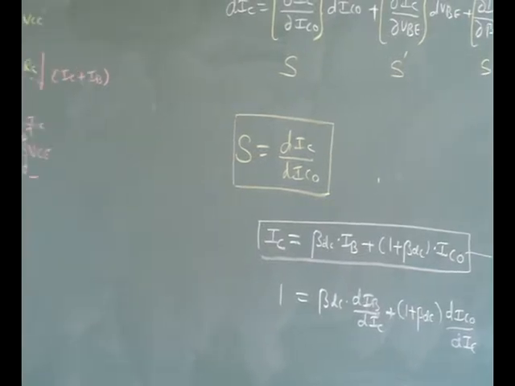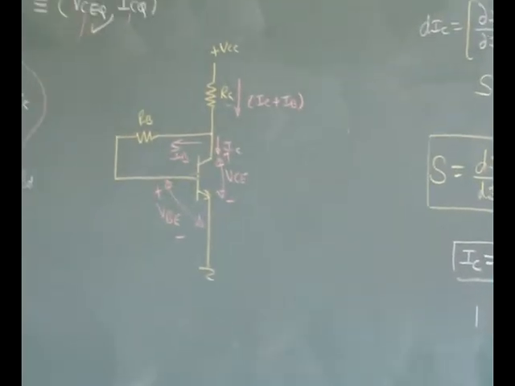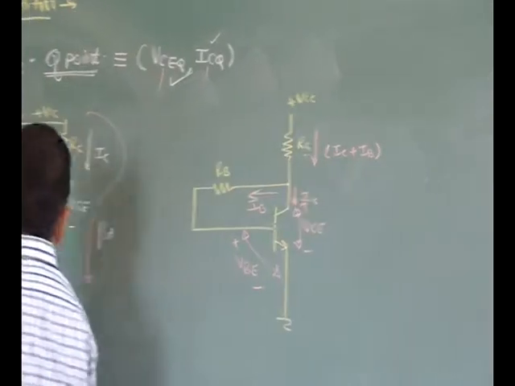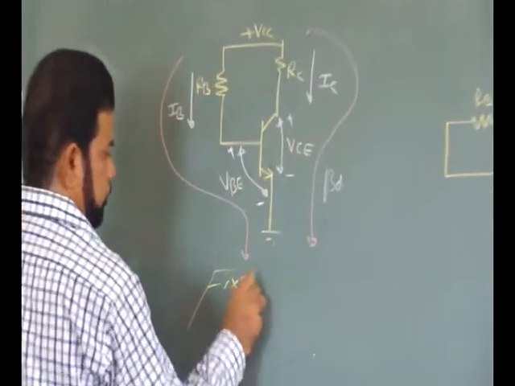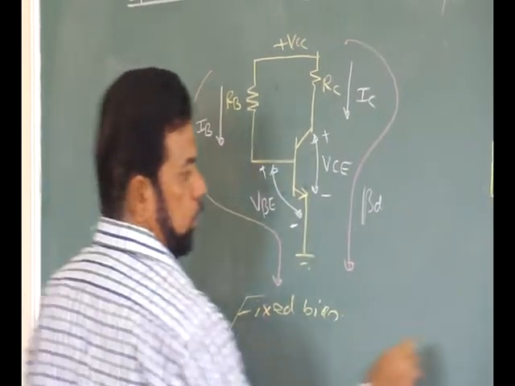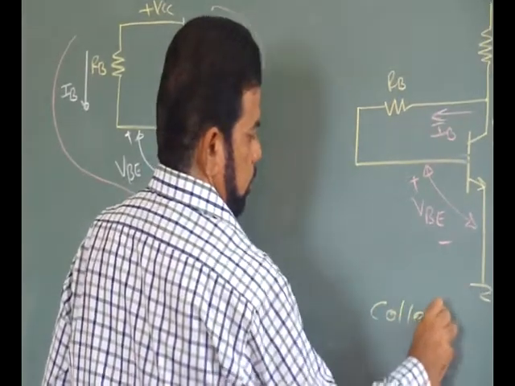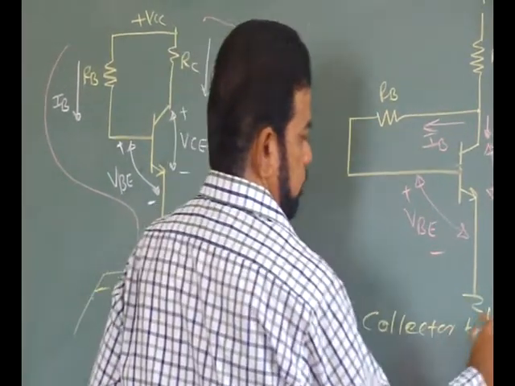That is called as collector to base bias. What if this circuit is there? It is fixed bias. This is collector to base bias.